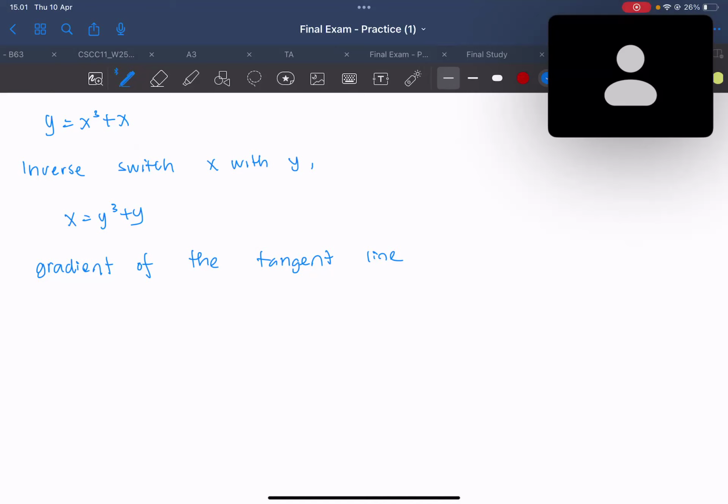But in this case, because we don't have it as y equals something in x, we have to do implicit differentiation. So we just differentiate this, by implicit differentiation.